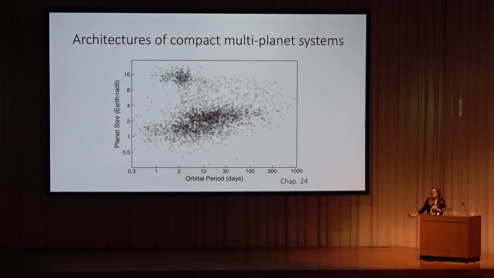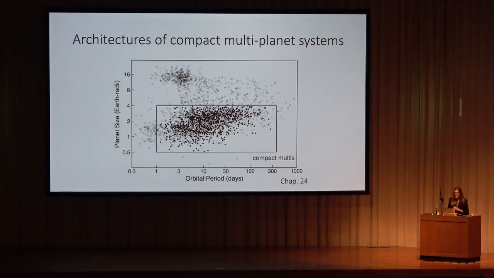There does seem to be a preferred mode of formation, though, and that is these small planets, roughly between the size of Earth and Neptune, in orbits with periods ranging from days to months. These planets are incredibly common, and they're frequently found in tightly spaced multiple planet systems, which we call the compact multis.